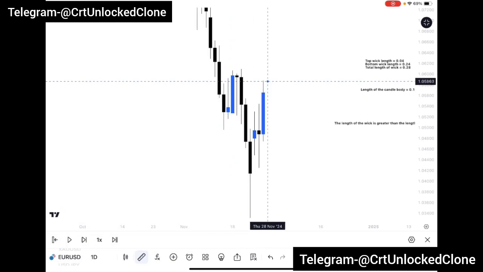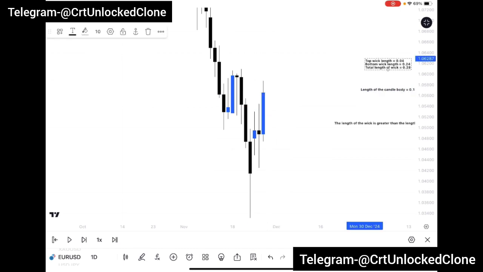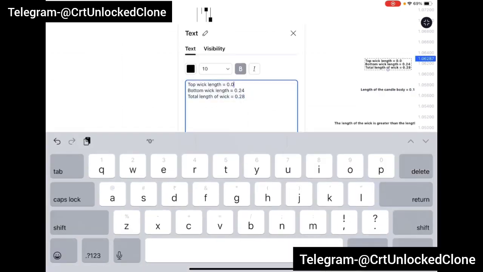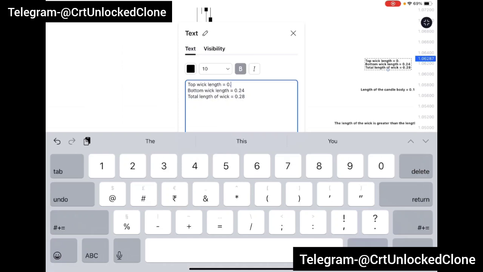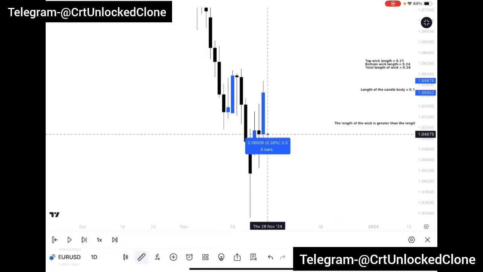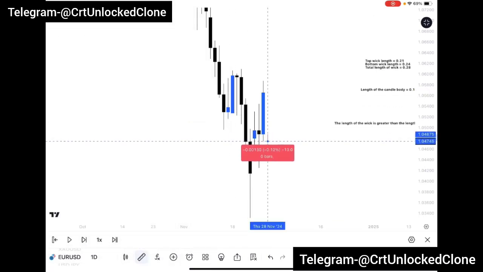First, measure the length of the top wick of this candle. By measuring the top wick of this candle, we got 0.21. So I will write it and show it to you guys. 0.21. And now let's measure the bottom wick of the same candle.